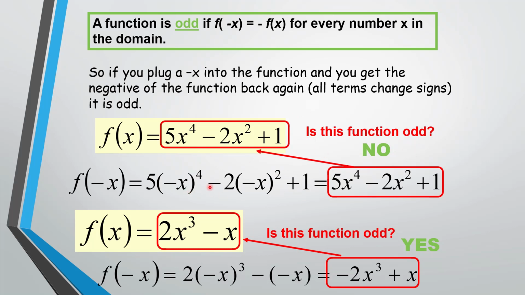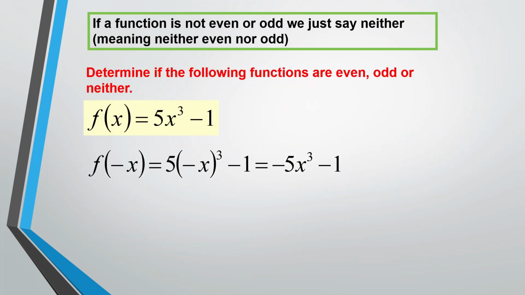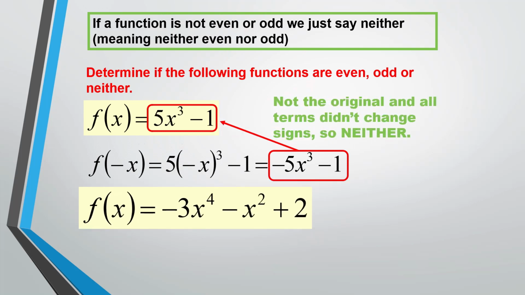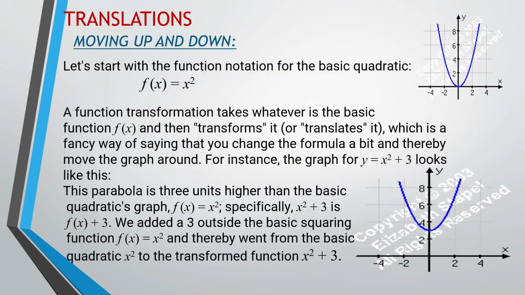If we put minus x and take minus common, the parent function is retained, so that function is called an odd function. Some functions are neither even nor odd, because they don't obey the rule of even or odd functions, which is why they are called neither even nor odd.